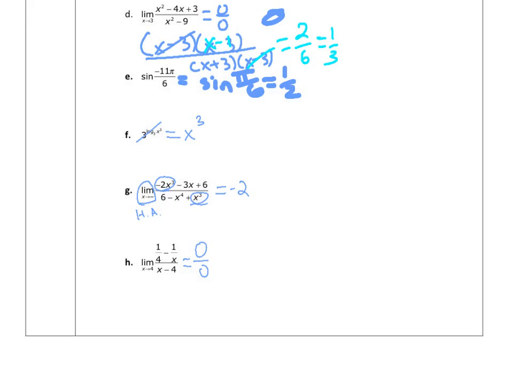So, could I use my definition of the derivative, f of x minus f of a over x minus a? Well, in this case, I have the 1/4 first, so I'm going to instead use the algebra, get a common denominator there. So I've got x minus 4 over 4x over x minus 4. X minus 4's cancel, leaving me with 1 over 4x as x approaches 4, and I get 1/16 there.